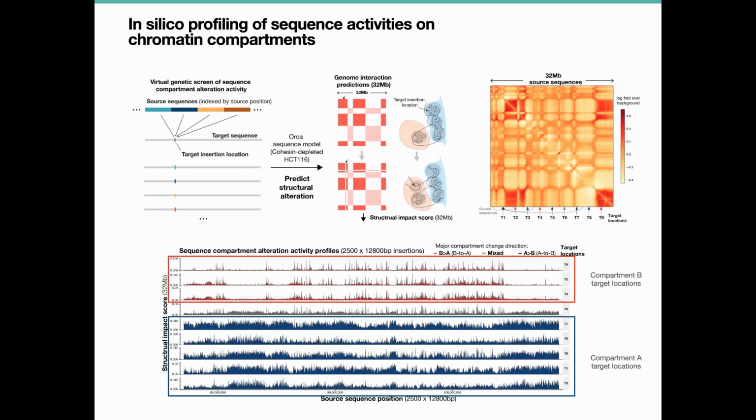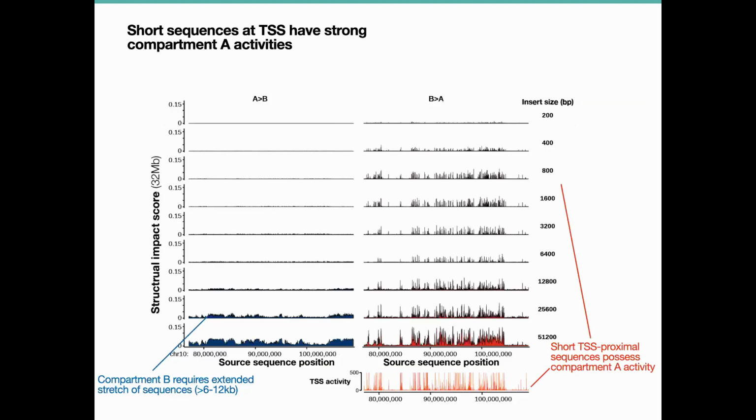To further study the properties of those sequence activities on chromatin compartments, we also performed additional screens. We first tested the minimum length of the source sequences that are necessary for possessing meaningful compartment alteration activities.